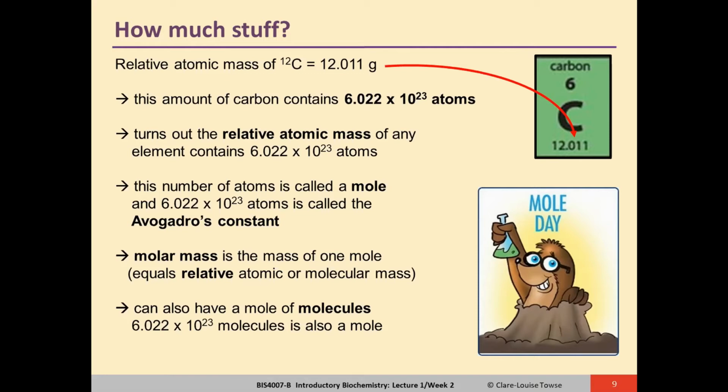So relative atomic mass. Here, do you see this number 6.022 times 10 to the power 23? This number is called the Avogadro constant and is very important for questions when they ask you, what is the number of atoms or number of particles? Whenever you see a question like that, always think about this number.